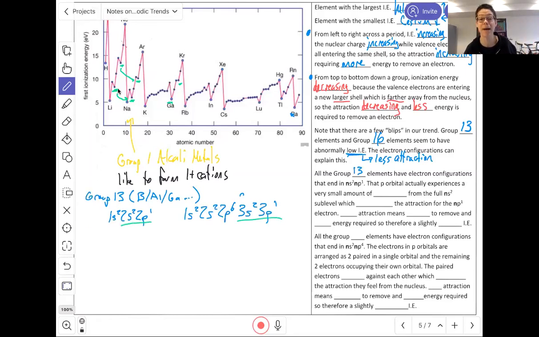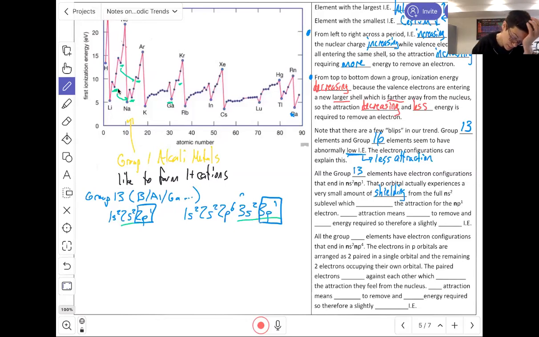So there's something about that that is giving us slightly less attraction. This last p electron experiences a small amount of what we refer to as shielding. Remember, shielding is that notion of canceling out some of the nuclear charge.